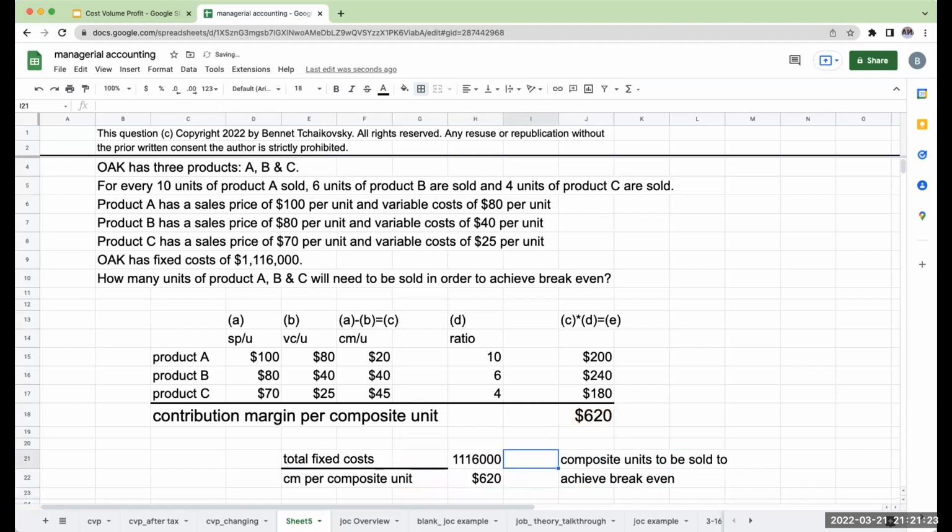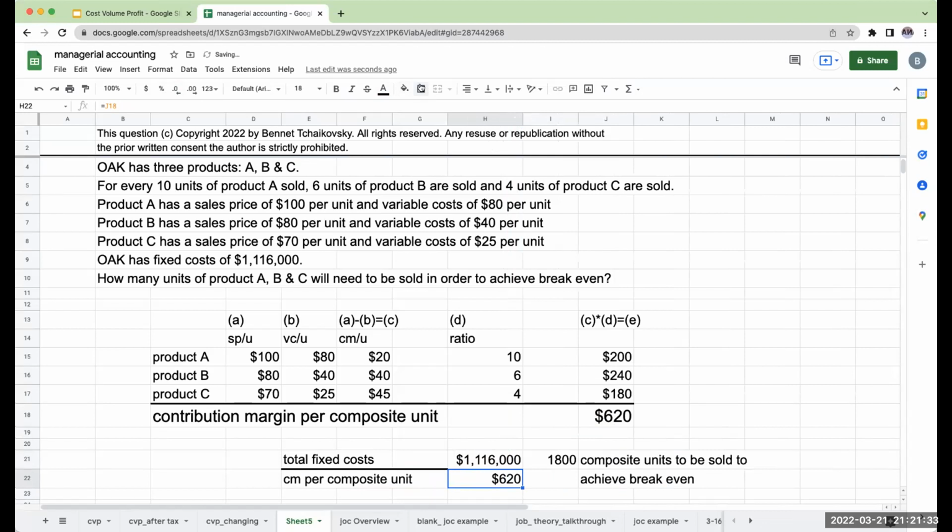My contribution margin per composite unit is 620. So my composite units sold are going to be 1,800 composite units. If I sell this many composite units, I know that my question hopefully will work.